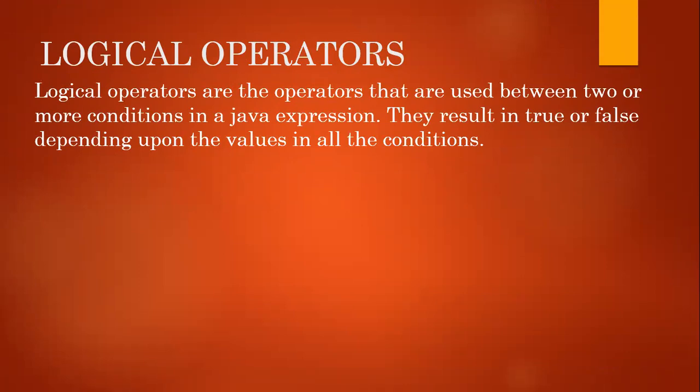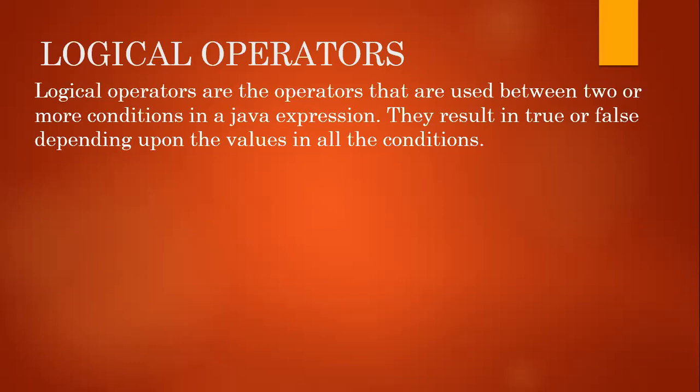Whenever we have two or more conditions in Java, we have to use logical operators to conclude the answer. As with relational operators, logical operators also result in true or false.